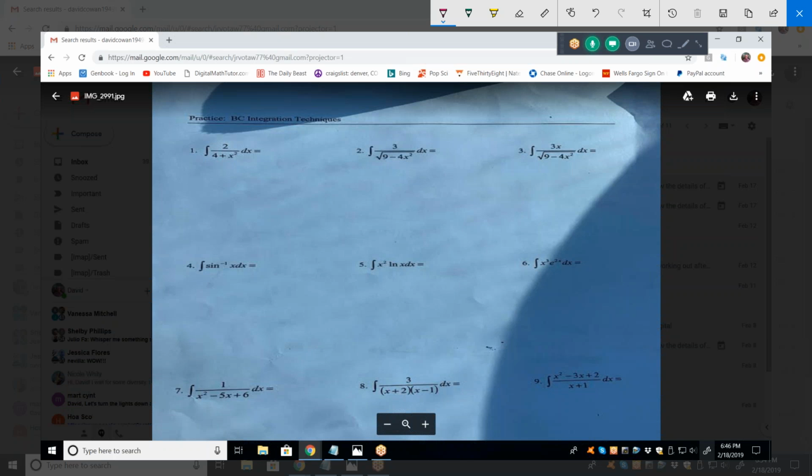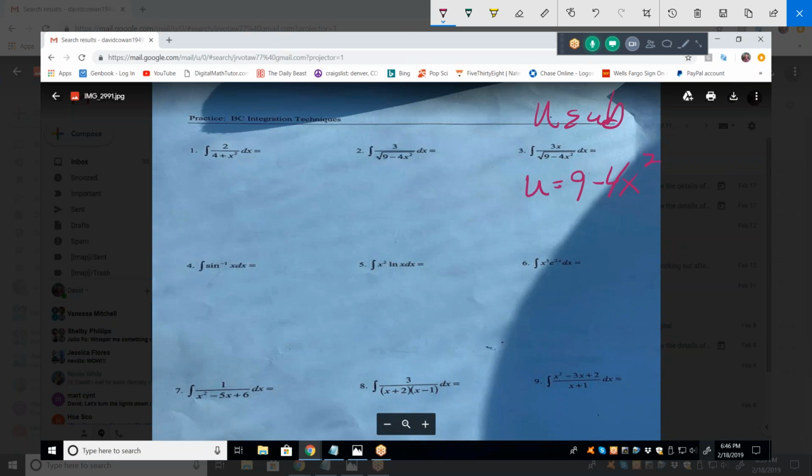We've decided we're going to use U substitution, so what am I going to make U? U would be 9 minus 4x squared. And I always write my U over here, because that's where I'm going to do my differentiation.